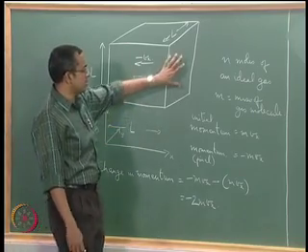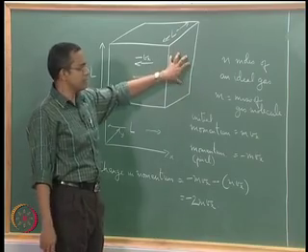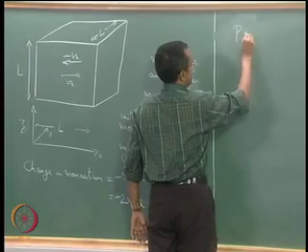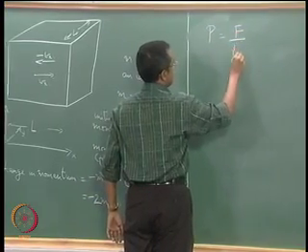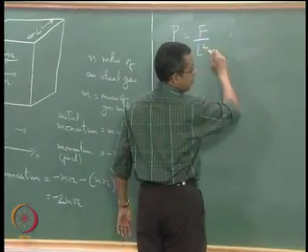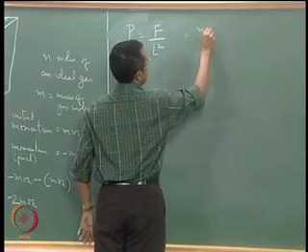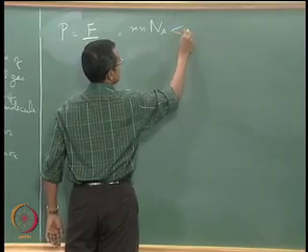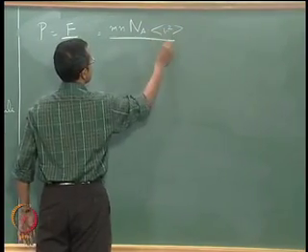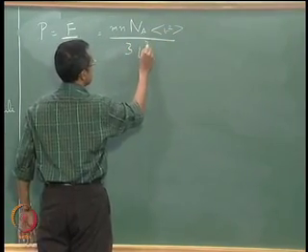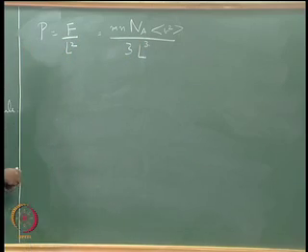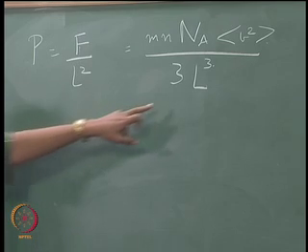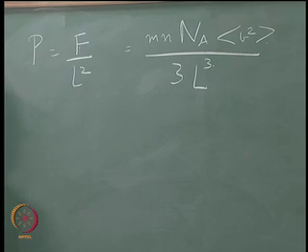From this we would like to come up with an expression for pressure. Pressure is simply the force exerted on this face, for example, divided by the area of that face. So we have pressure equals F by L square, and that is therefore equal to m n Na, mean of the squares, over 3L cubed, and L cubed is simply the volume of this cube.